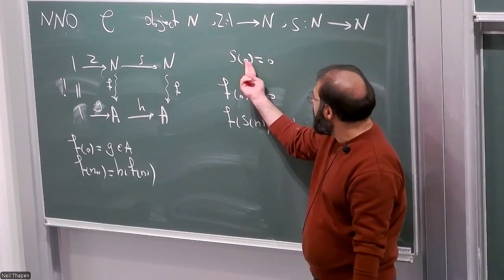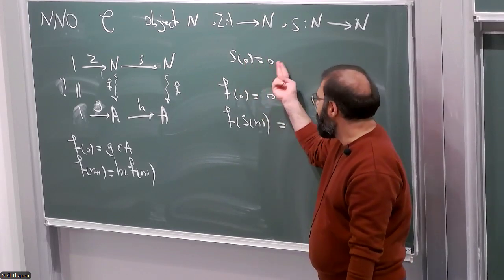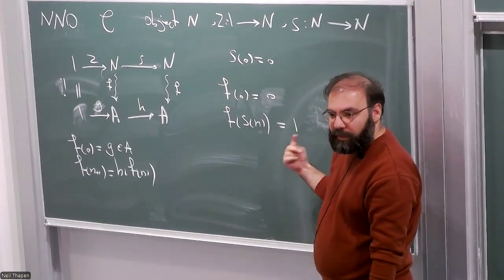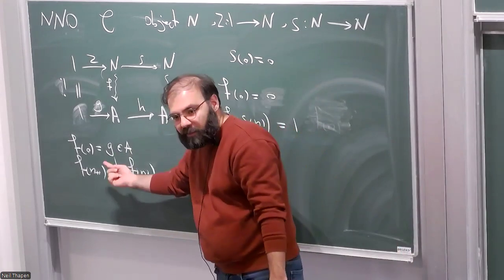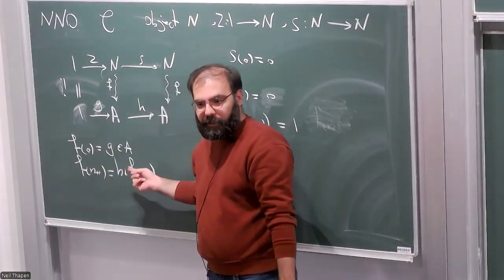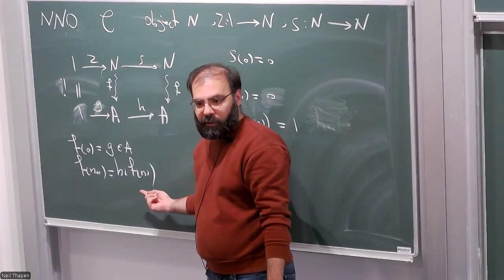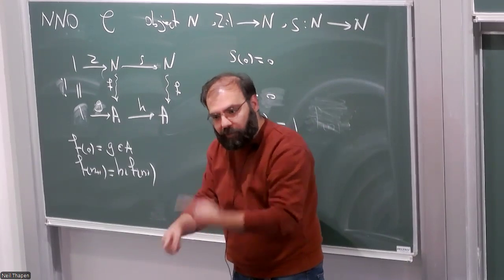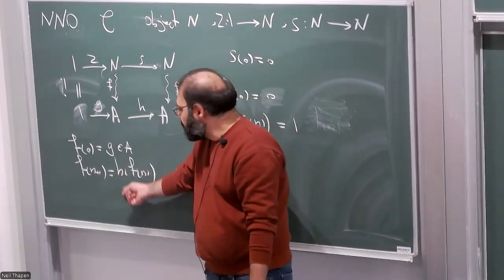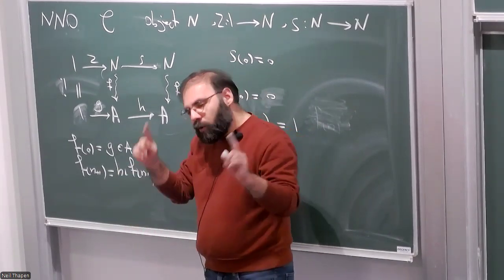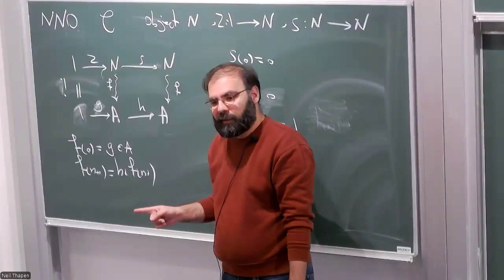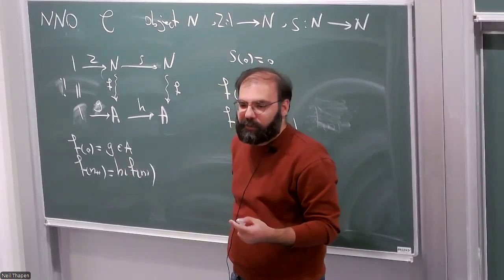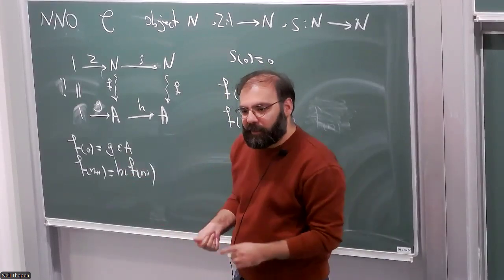So if S of 0 and 0 are equal, then 0 should be equal to 1, right? So the point is that this recursion scheme simply says that 0 can be anything, successor can be anything else, and there is no connection between the two. And therefore, successor could not be 0 because there would be a clash, right? I'm not free to choose. But it is not the whole power that you want. For the whole power, you need more structure, really. So it's not exactly capturing everything.